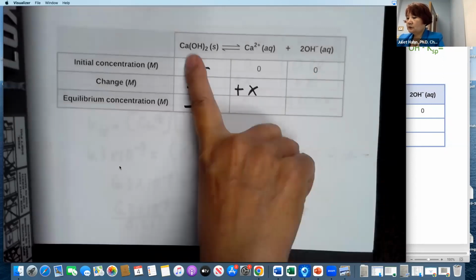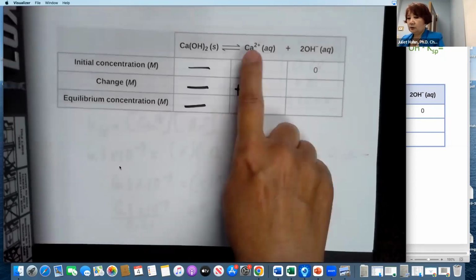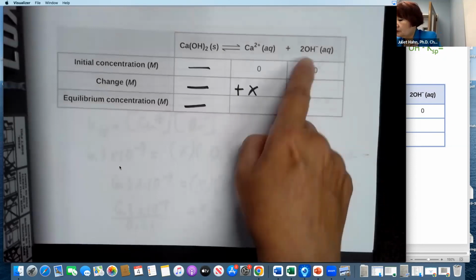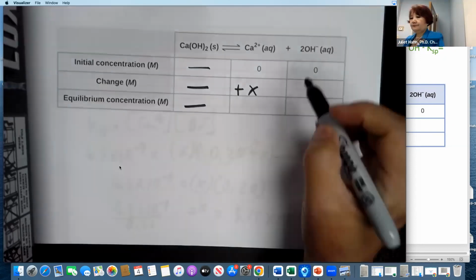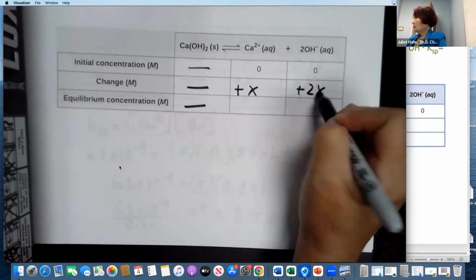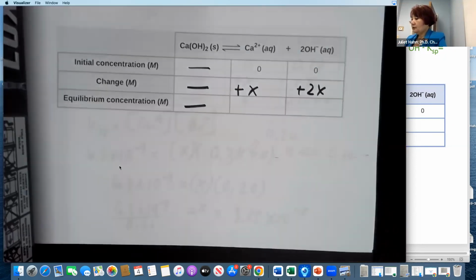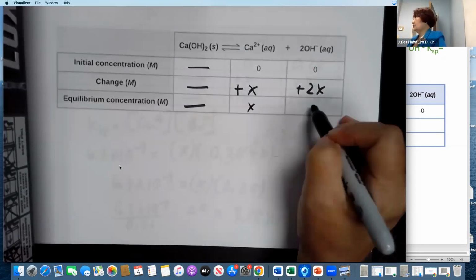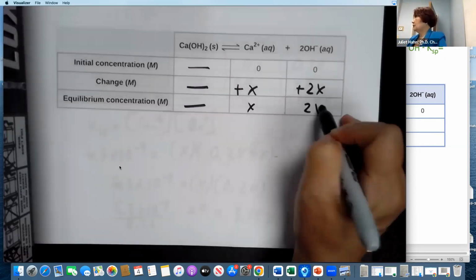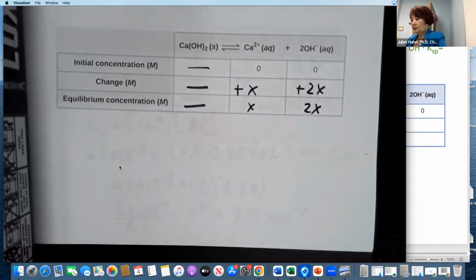So if you generate X, then this is 2X. All right, so what do you have at equilibrium? You just have X and 2X because you assume that you started out with 0 and you put solid calcium hydroxide into your water.